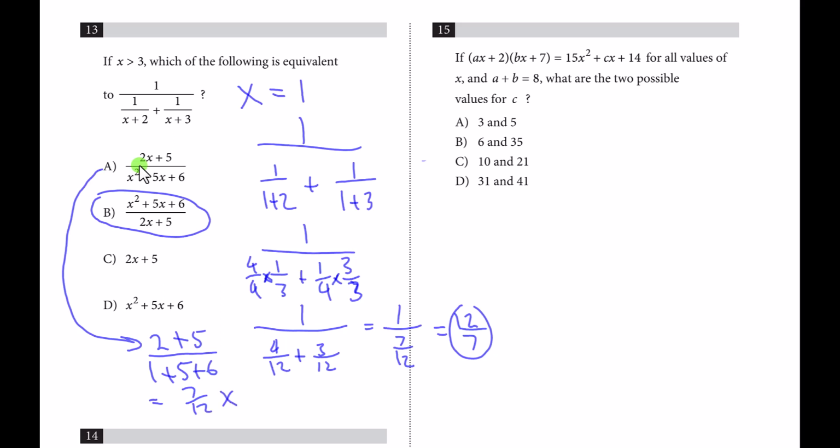No, that is not the right answer choice. All right, we already know that choice B is the right choice, but we're going to go ahead and do this. So that's going to give us 1 plus 5 plus 6 all over 2 plus 5. That's going to give us 12 over 7. And yes, that matches up.